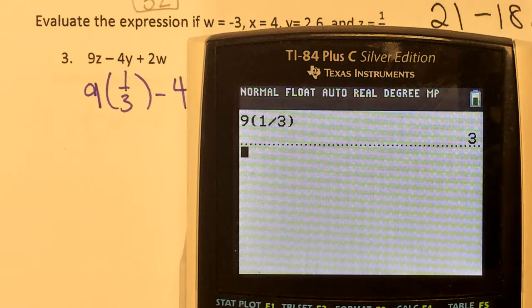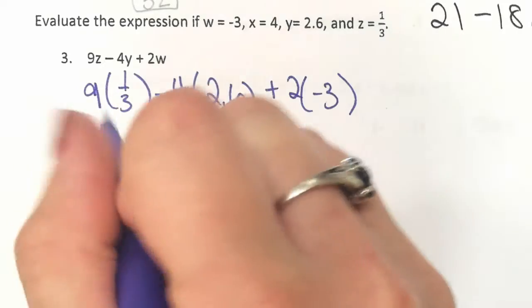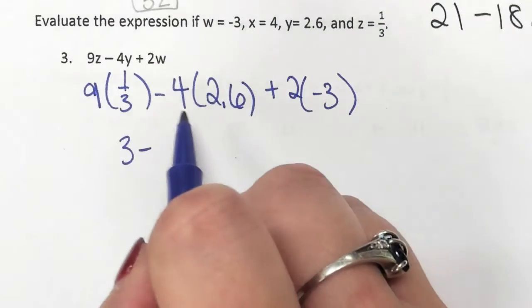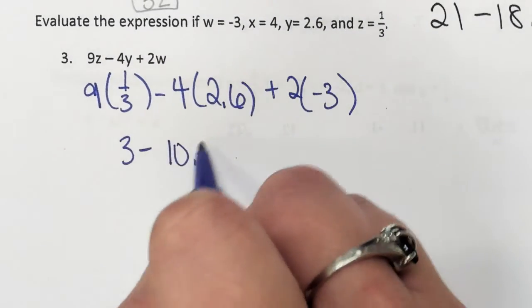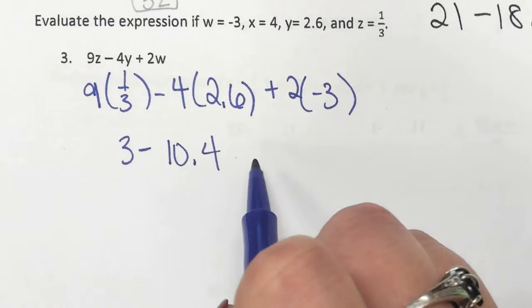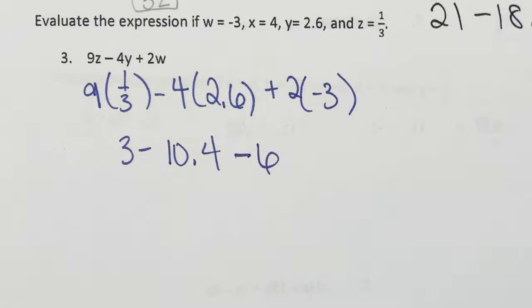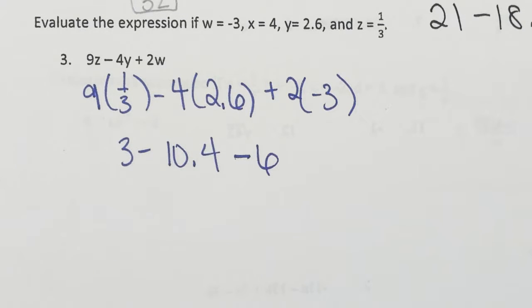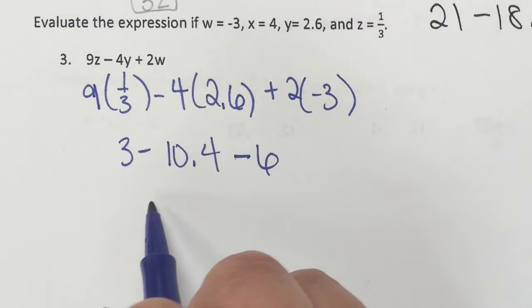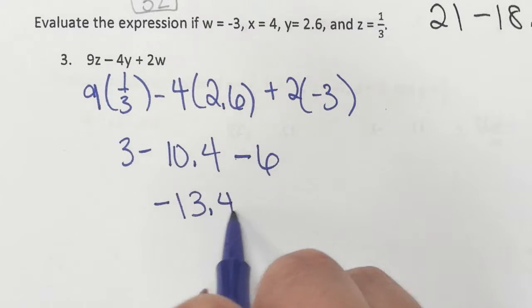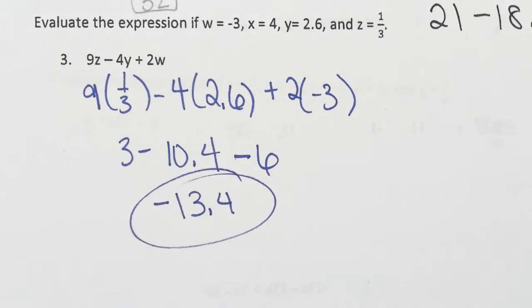And what do you get? 3. And then minus, what's this give you? And then I'm not going to put a plus sign because 2 times -3 is -6. Very good. Once you get it to the point where you only have subtraction, you can plug it straight in. And what do you get? Perfect.